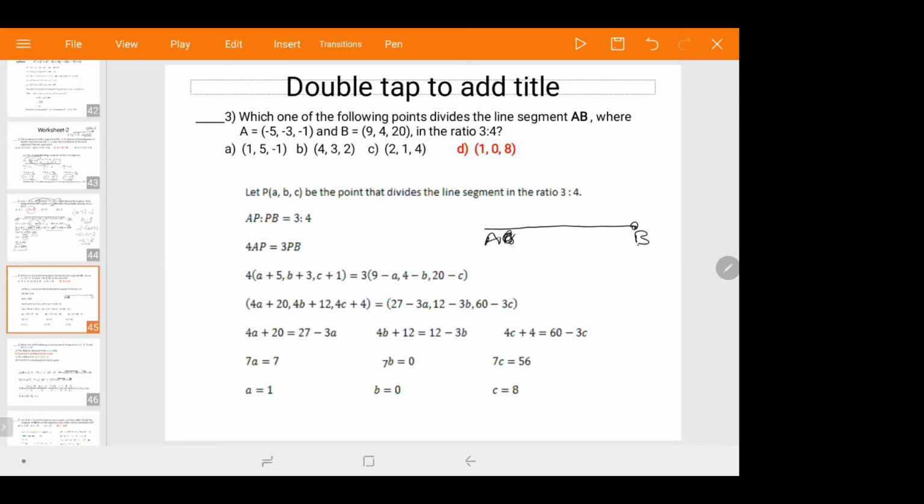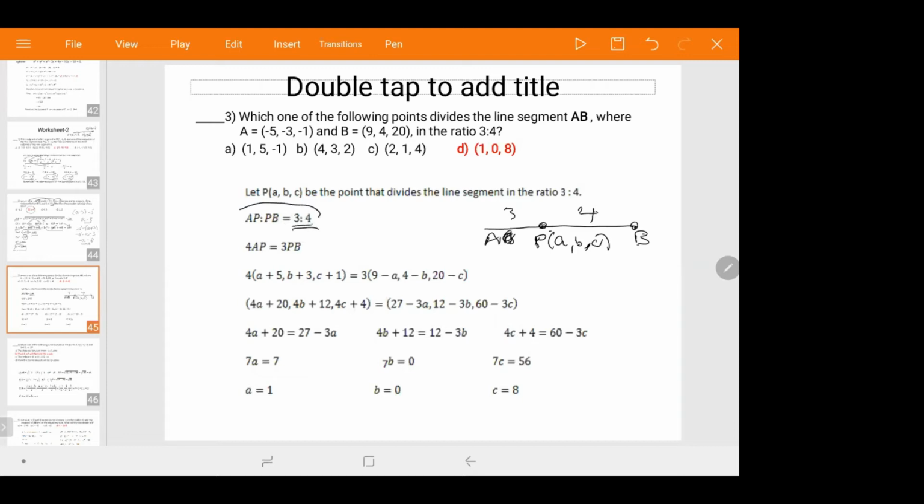We are asked to find the point P, let its coordinates be (a, b, c), that divides this line segment in the ratio 3 to 4. AP divided by PB must be equal to the ratio 3 to 4.